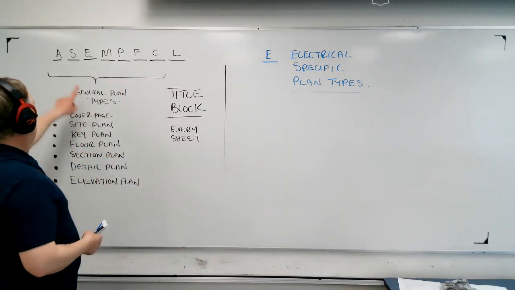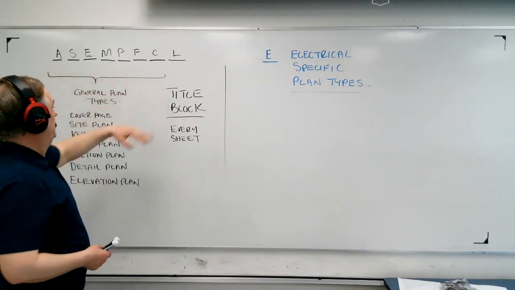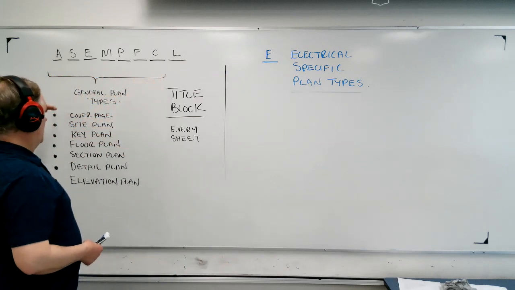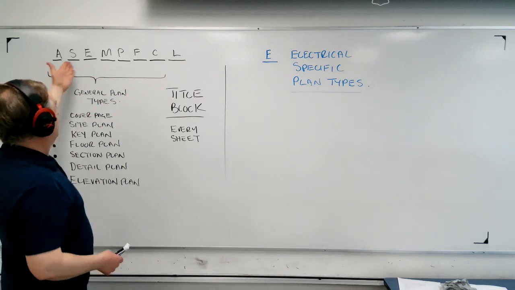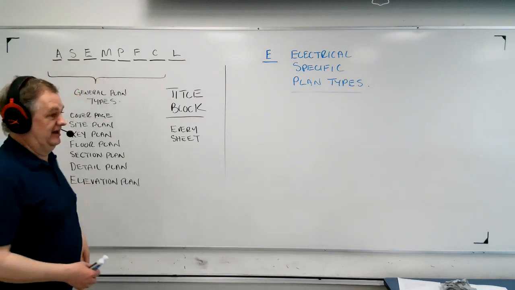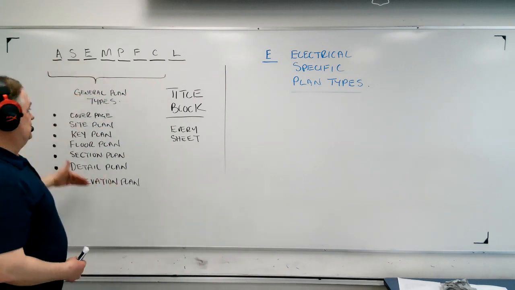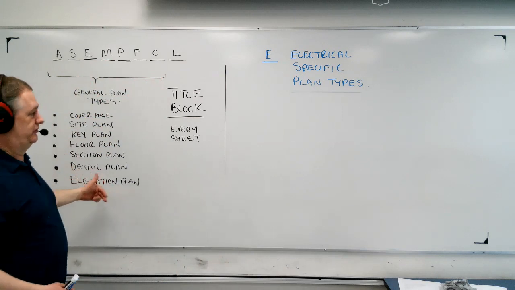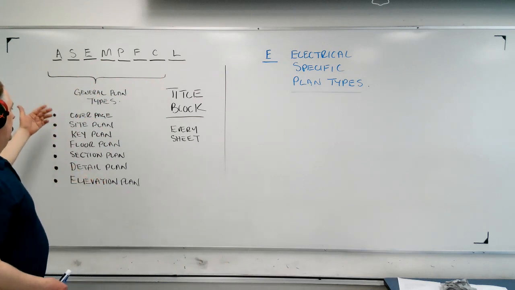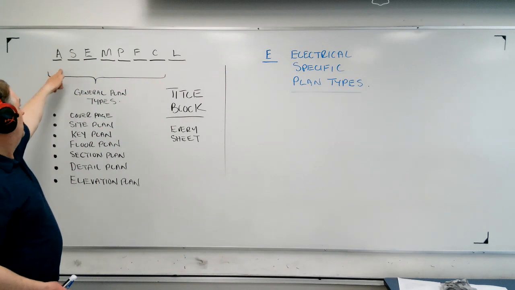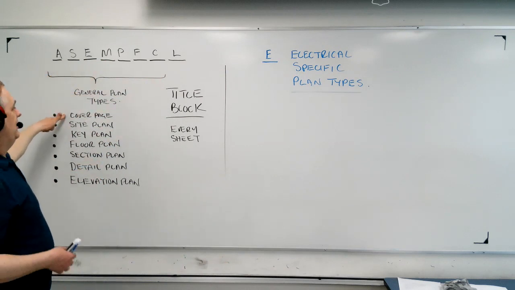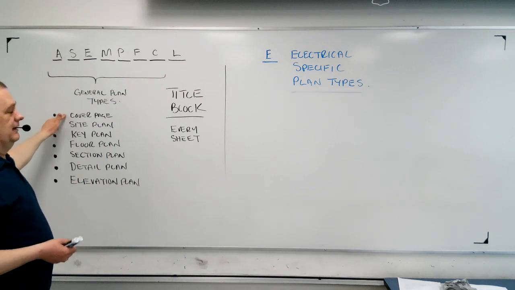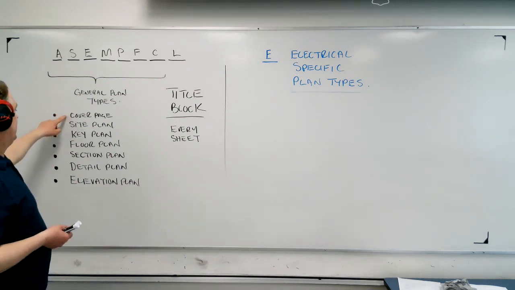Then under any one of those, you could have one or more of these types of plans represented. Not every section is going to use every plan type, but these are the main general plan types that can be used, okay? Most of these main divisions will use some form of a cover page, and quite often that's where the key plan will be.